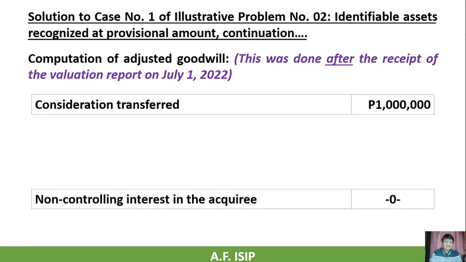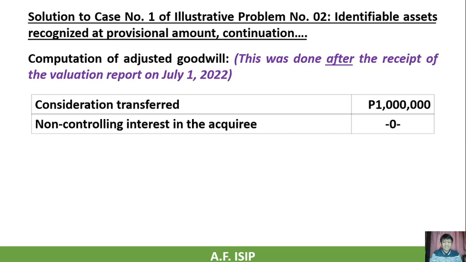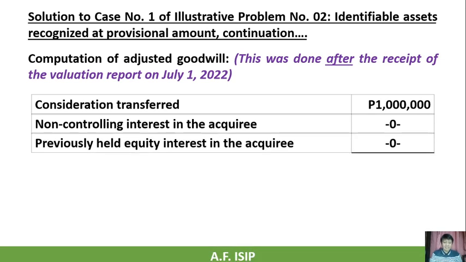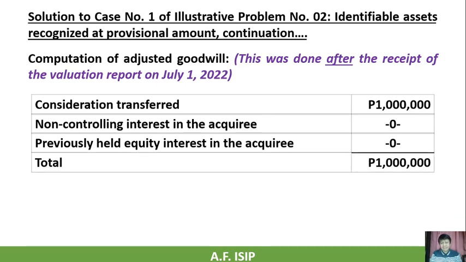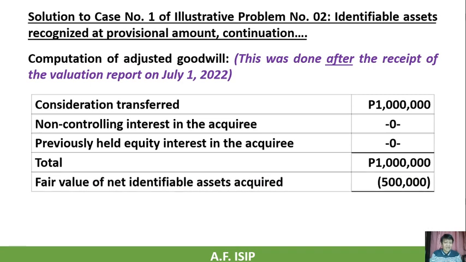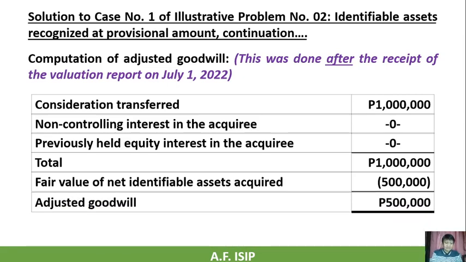Given in the problem, non-controlling interest in the acquiree is 0. Previously held equity interest in the acquiree is 0. So you have a total of 1,000,000. You will deduct the adjusted fair value of net identifiable assets of 500,000 pesos, which we computed in the previous slide. Therefore, the amount of adjusted goodwill is 500,000 pesos.